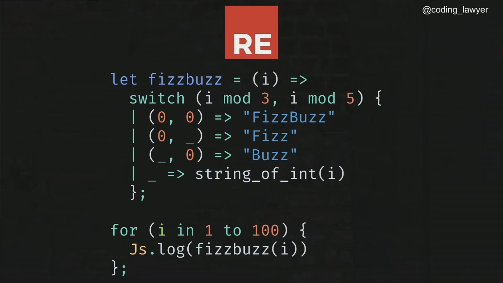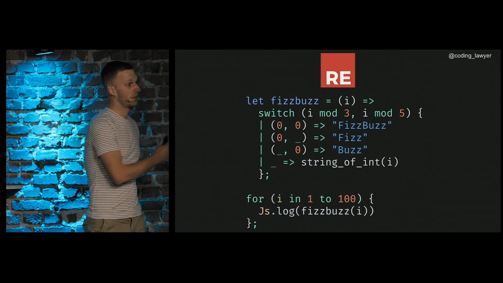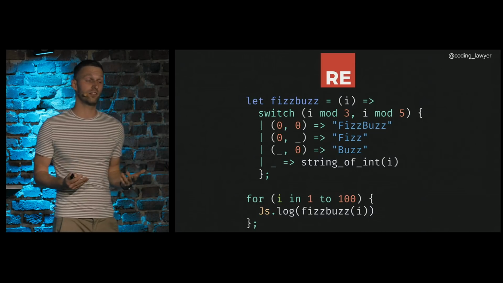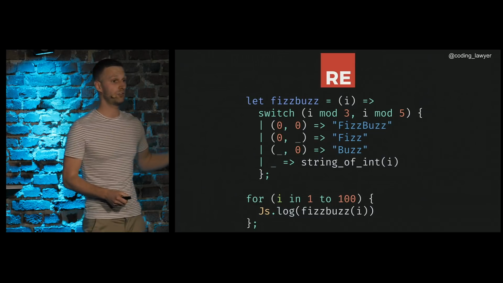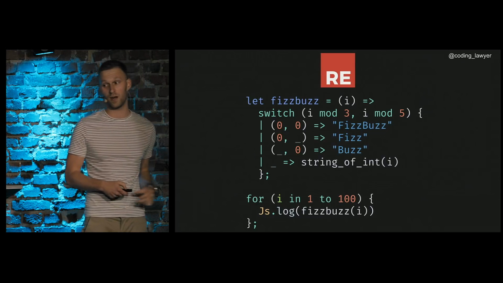So let's take a look at an example of Reason code. Now, this is the FizzBuzz algorithm. And although we are using pattern matching, which we don't have in JavaScript, the syntax is pretty similar to JavaScript. However, this is Reason, and the only usable language for the browser is JavaScript. So we need to compile it to JavaScript first to be able to use it in the browser.